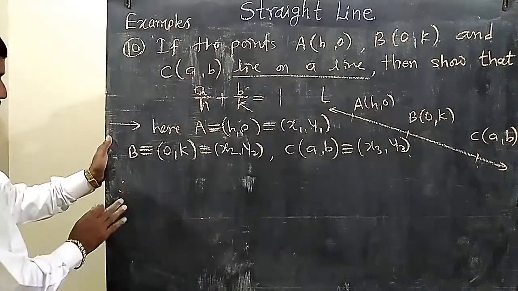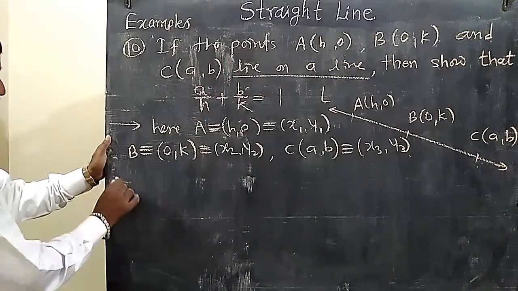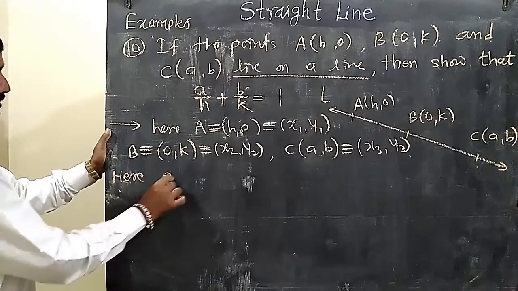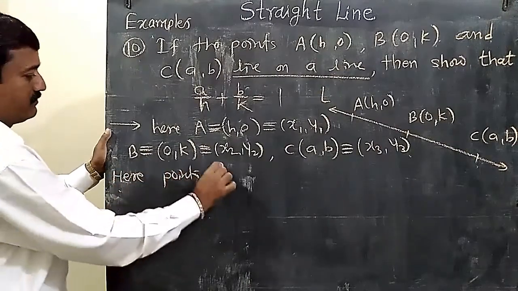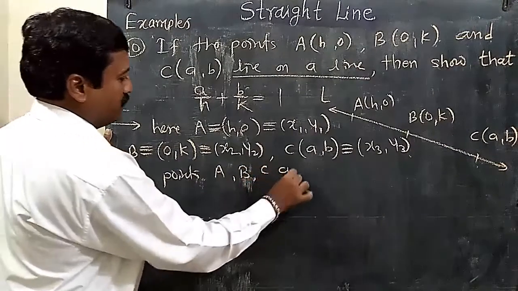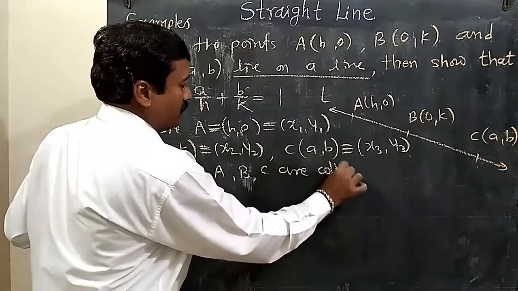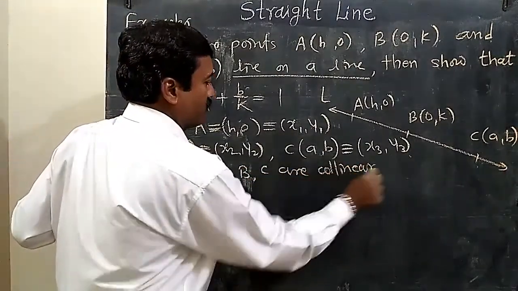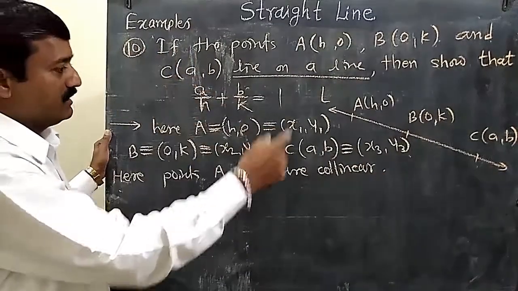Therefore, here points A, B, C are collinear because they are lying on same line.